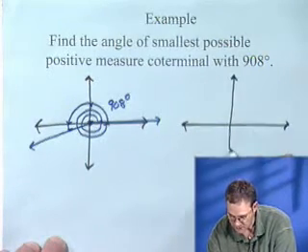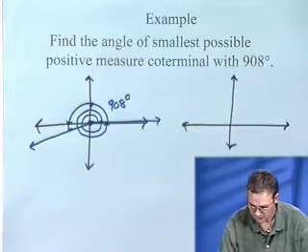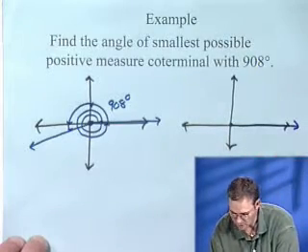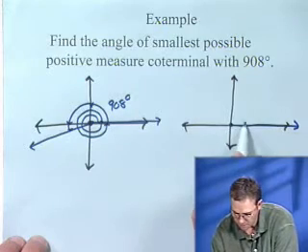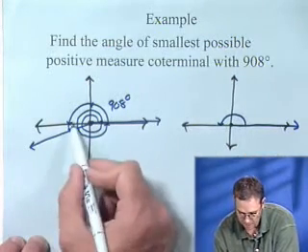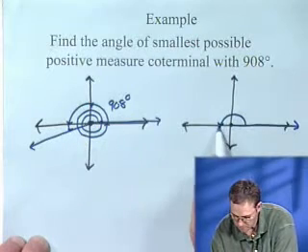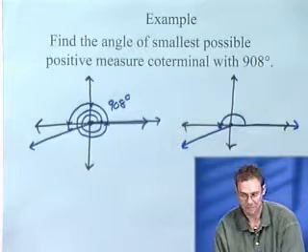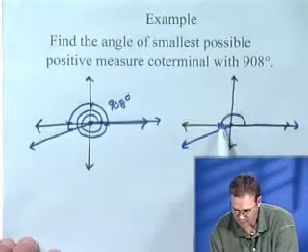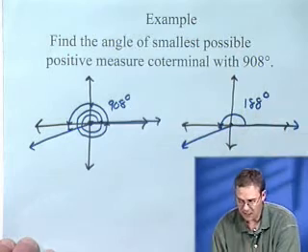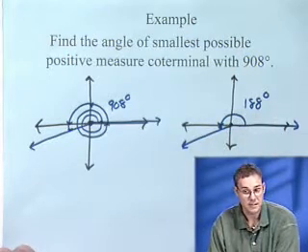Well, that's not going to be too hard. Let's just sketch it and figure out the rotation. So I need to go 180 degrees, right? I have to go 8 more. And we have to figure out what that angle is. Well, 180 plus 8 is 188 degrees.